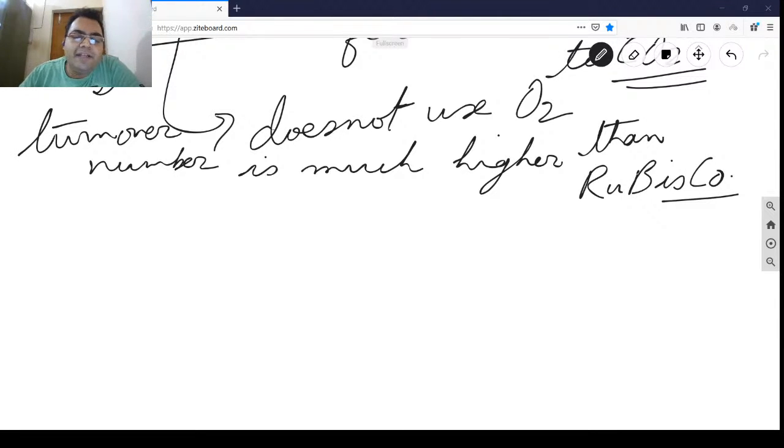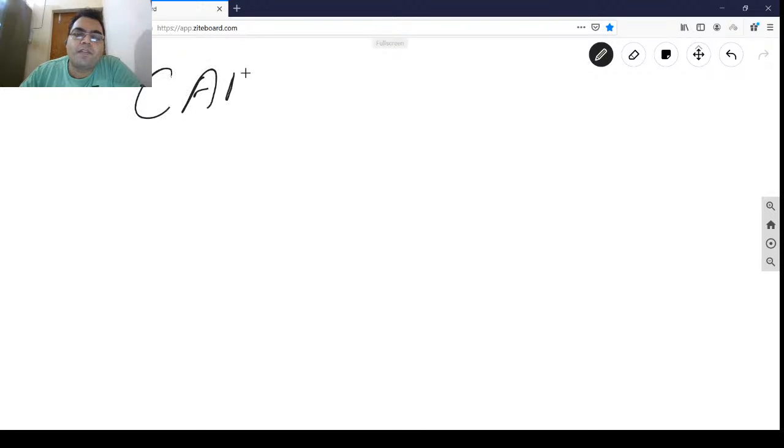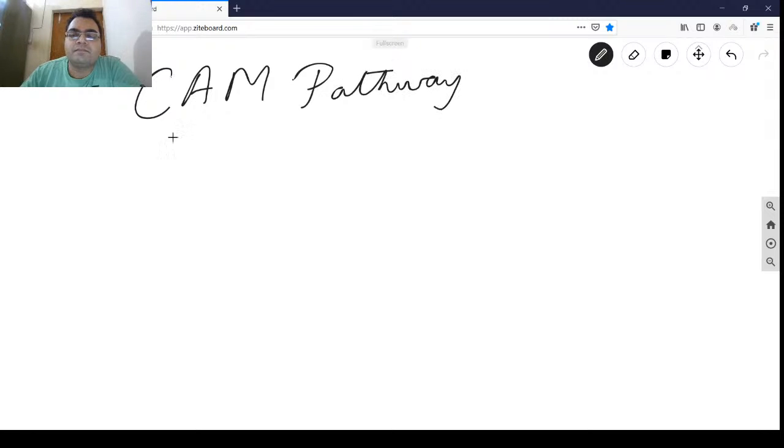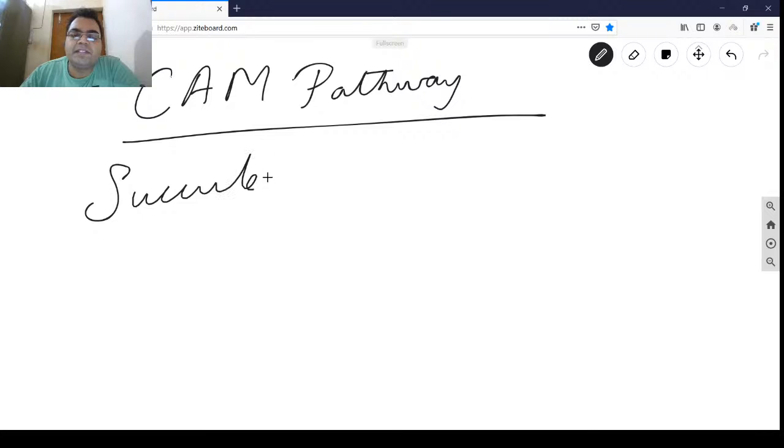Now succulent plants, such as cactus and pineapple, which are native to very hot and extremely dry environments, have another variation on photosynthetic CO2 fixation because they cannot afford to lose water.